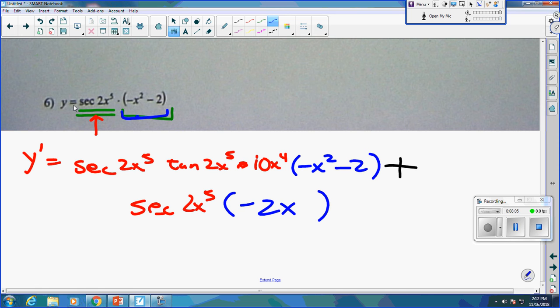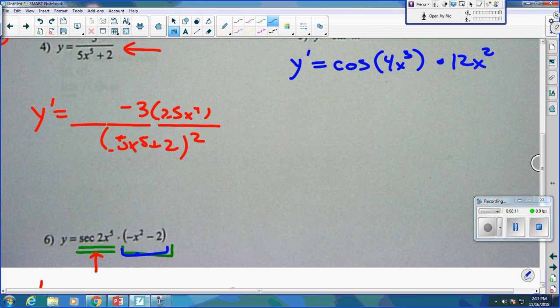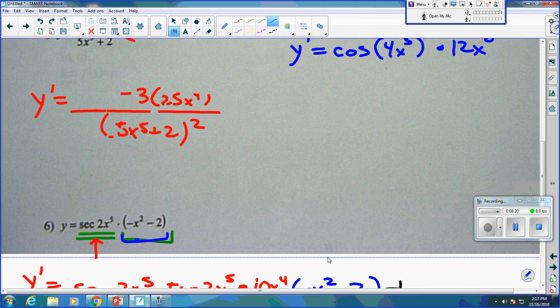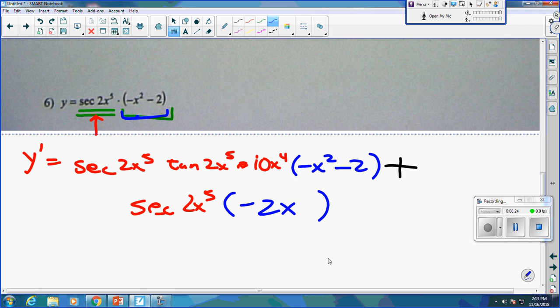Now, Nicole, almost for sure on the AP test, they would factor out the secant. I don't know if you caught that. What if they have just like cosine? On a multiple choice test, I can almost guarantee they would do this.